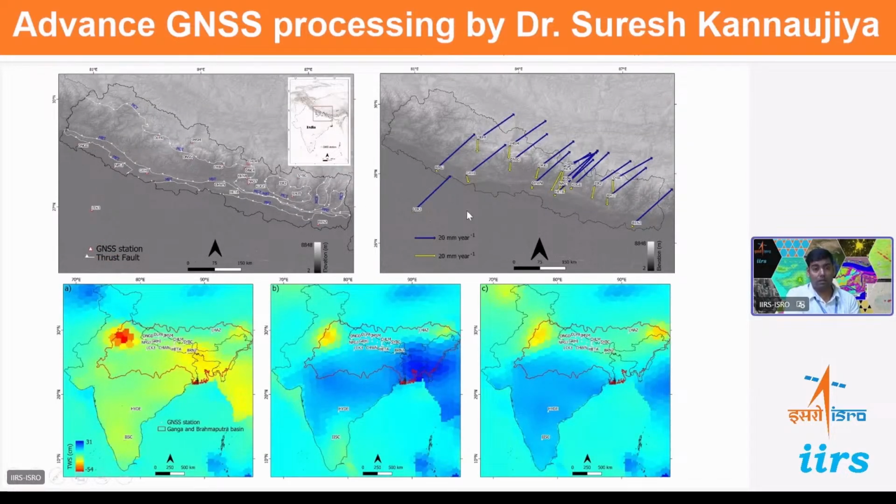This is another case study giving information about how the hydrology is present, and how the hydrology is affecting the strain accumulation because of the perturbation of the plate motion. So you can see here these three seasons, how the variation of this mass contribution affects the movement of the plate.